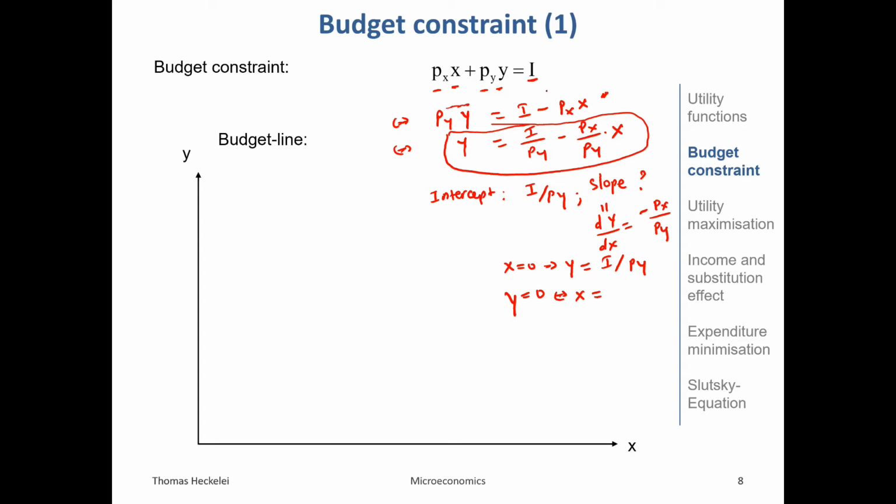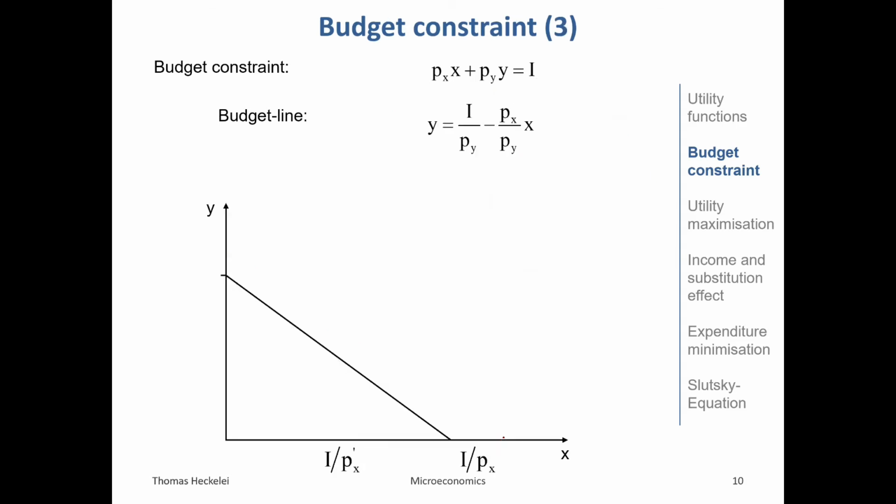And then you put I to the other side. At the end, you will have x equal to I over px. Similar to before, this is the point where you don't consume any y and you put all the money on x. So when you connect these 2 points, you will have the budget line. That's it.